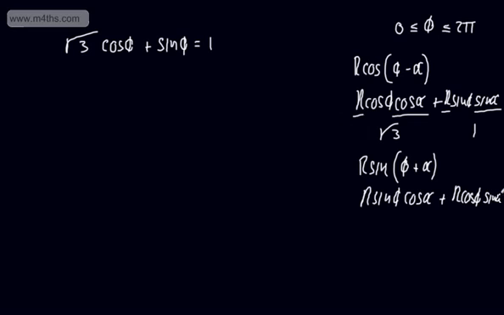So in this case, R cos alpha is going to be 1, because we're equating the coefficients, and R sin alpha is going to be root 3. So we get the same value of R, but different values of theta.